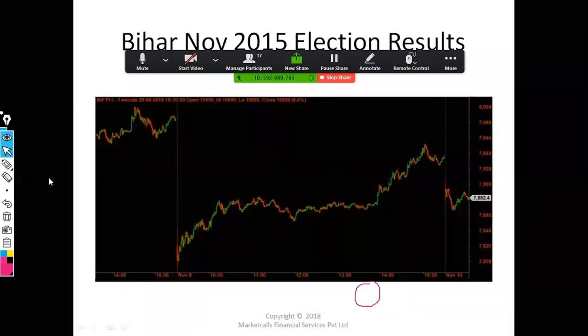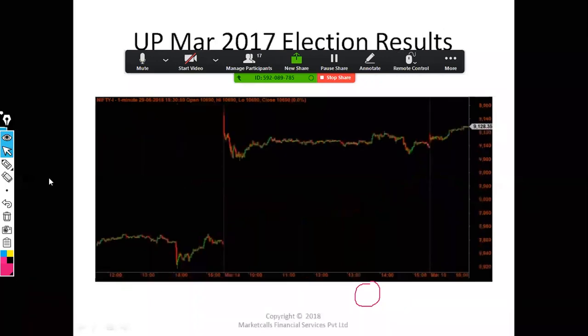Next comes the UP election. In the UP elections, BJP won the state polls. There was almost a 200 point gap. They closed around 8940, but then opened around 9150. That is almost a plus 200 points gap up.